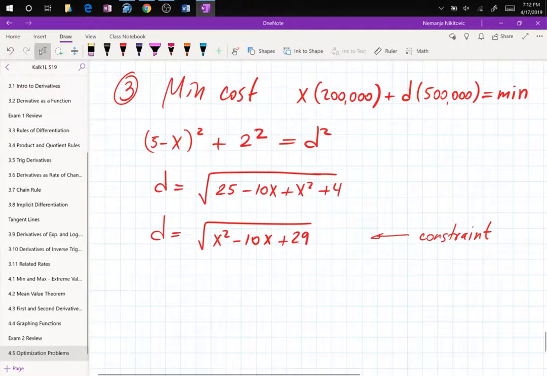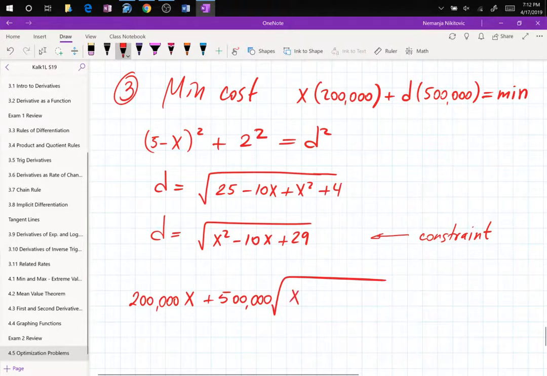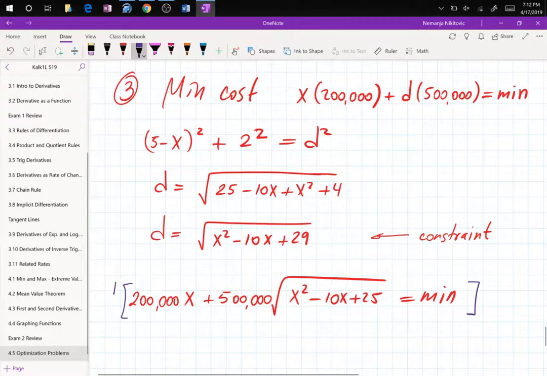So now we have 200,000 x plus 500,000 square root of x squared minus 10x plus 29 instead of the d is equal to a min, and it's ready to be hit by the, not the truck, the derivative.